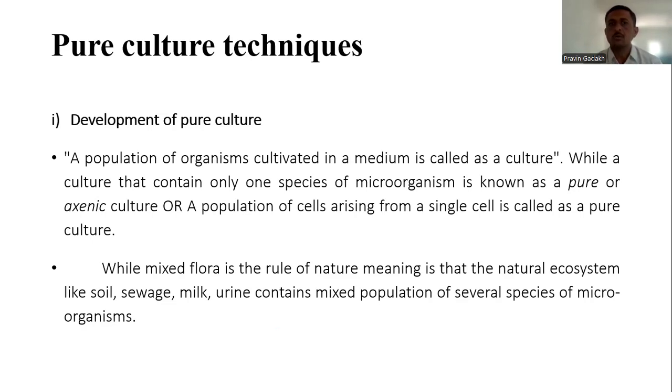To obtain a particular single type of organism, we need a pure culture. It is nothing but the growth of a single type of organism which shows similar characteristics to one another.